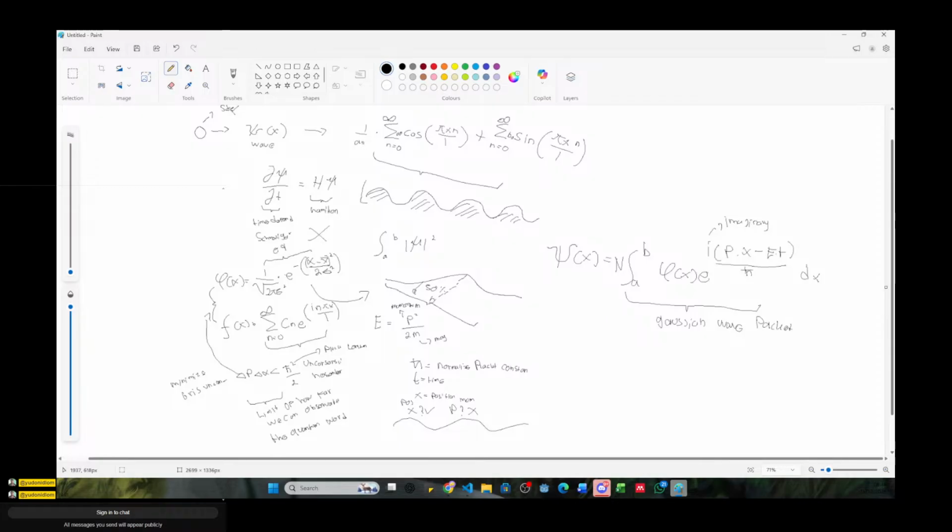So if we expand this equation, we get this. Okay, we're going to expand this equation. Wait, we need a bigger space here. The N is this normalization constant.